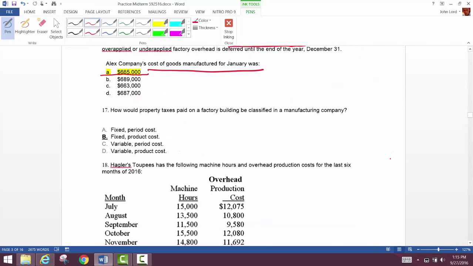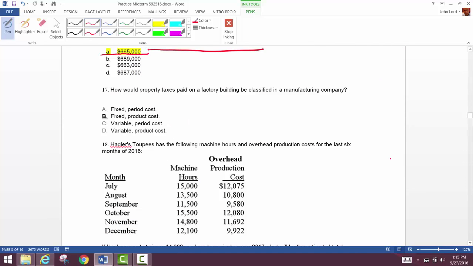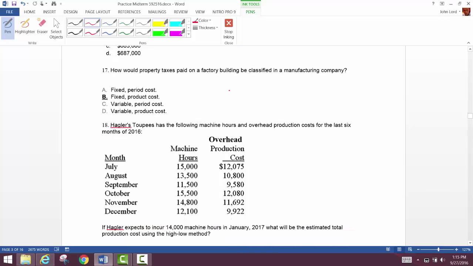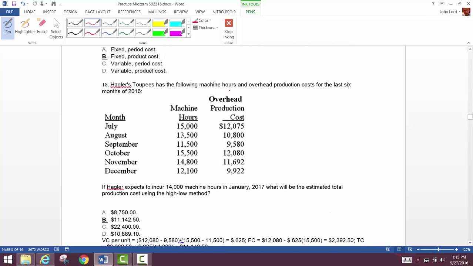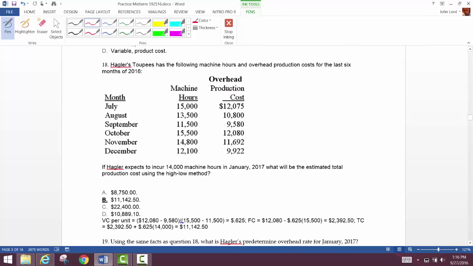Okay. How would the property taxes paid on a factory building be classified? As what? Fixed. Okay, good. Then we come into this next problem, and again, we're going to use the high-low method for this.